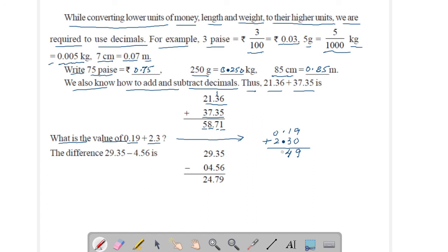Below decimal, put decimal. 0 plus 2, it is 2. Your answer will be 2.49.